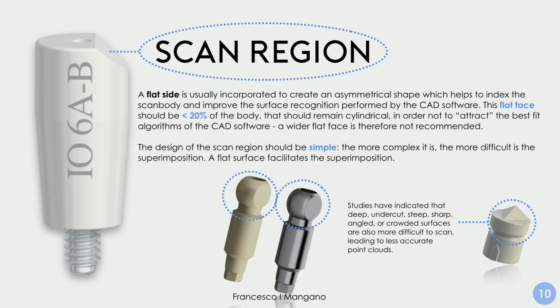The scan region. Let's talk about the scan region a little bit. The scan region is on the top of the cylinder usually, and it's an intaglio, it's an index, it's something that helps the superimposition, so helps the dental technician, and most of all the superimposition algorithm inside the 3Shape software, the exocad software, the Dental Wings software, to make the superimposition of the library file over the mesh that we captured with our intraoral scanner, but it must be considered that this surface should not be too wide.